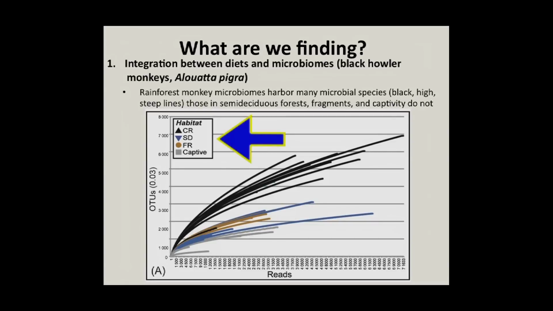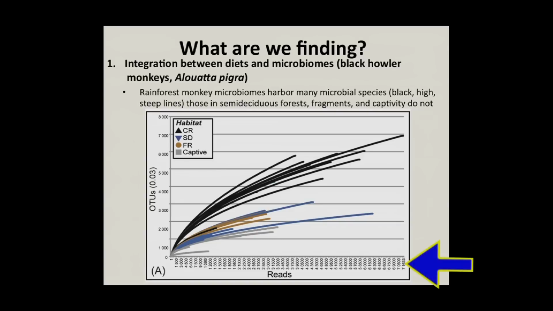We have different habitats, including a continuous rainforest, a semi-deciduous habitat, a rainforest fragment, and captivity. And what we're finding is that rainforest monkey microbiomes harbor many more microbial species. These are the black, high, and steep lines that you see in the graph, while those in semi-deciduous forests and fragments do not. So what we're seeing is the quantity of DNA that we're reading.